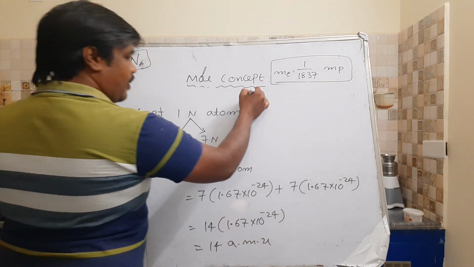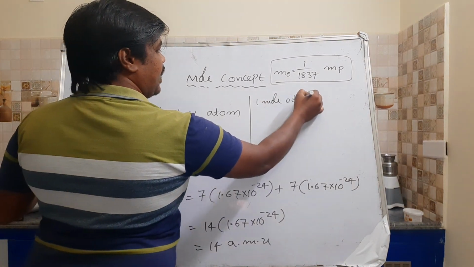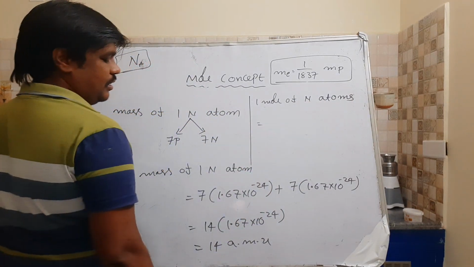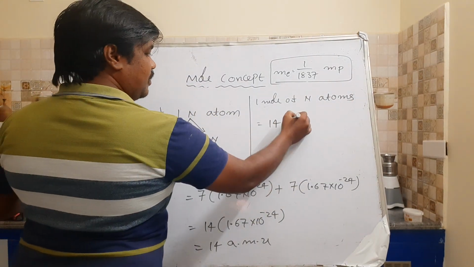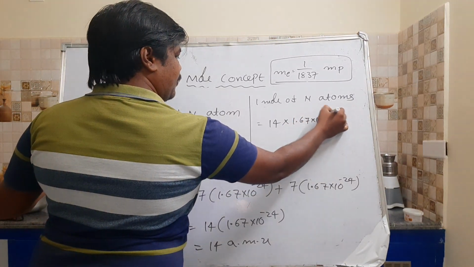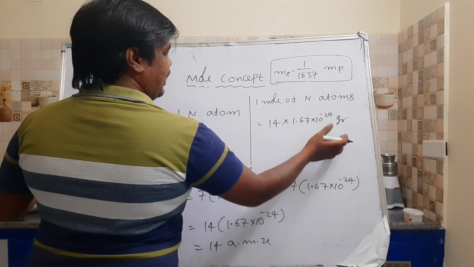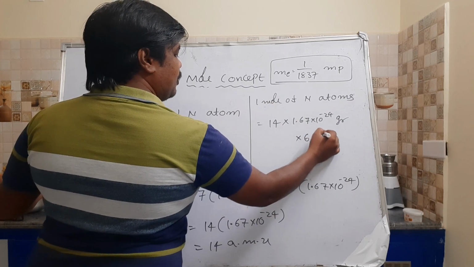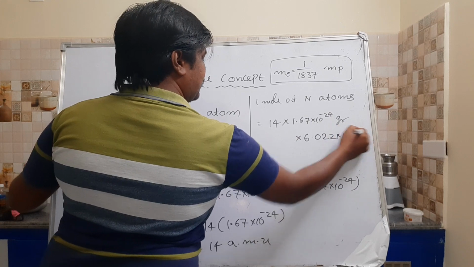Then the mass of 1 mole of nitrogen atoms is equal to what? The mass of 1 nitrogen atom, 1.67 into 10 to the power of minus 24 grams, otherwise this much value is AMU, into, in 1 mole we are having 6.022 into 10 to the power of 23 atoms.